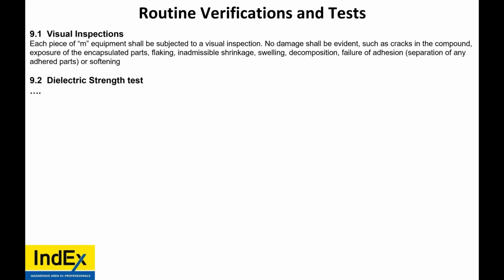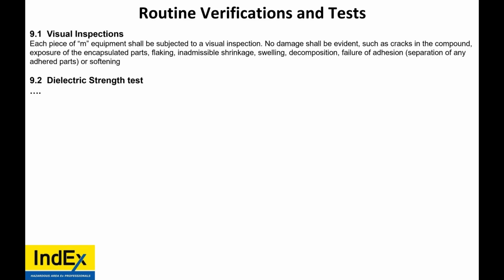So when you do a detailed inspection on EX m, what you are looking for is: it's not flaking, it's not shrinking, it's not swelling, it's not decomposing, it's not softening, it's not darkened, it's not cracked, it's not exploded. If there was a fault, it could blacken, it could soften, it could crack.